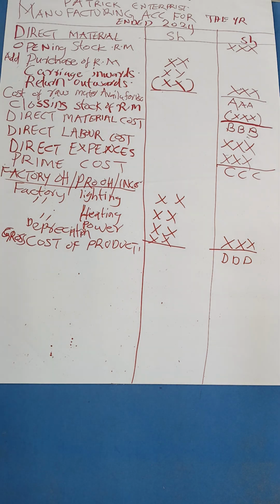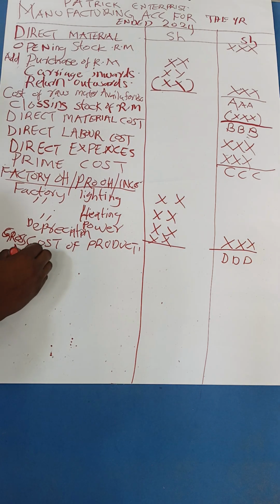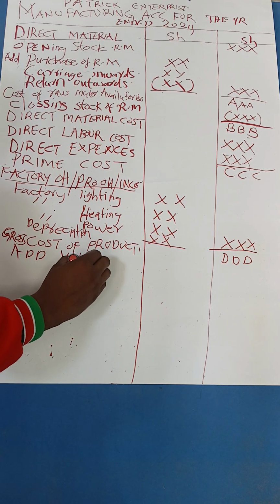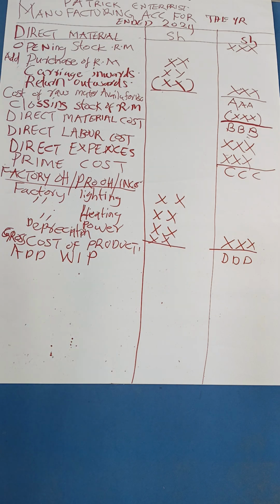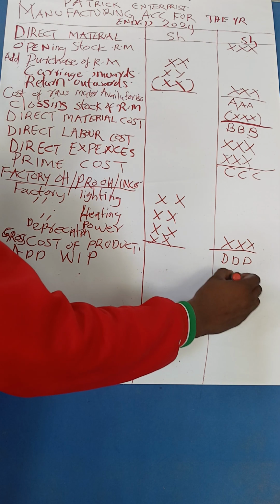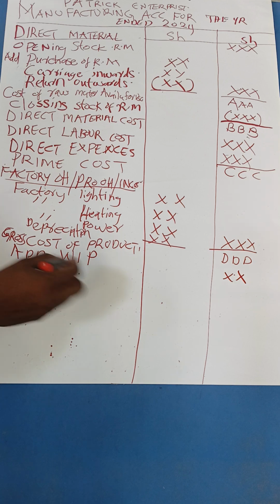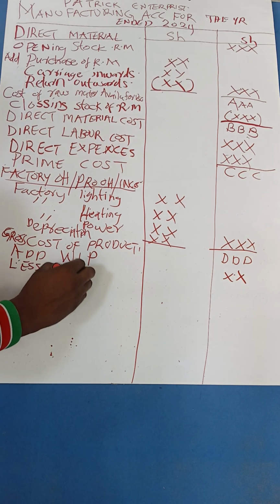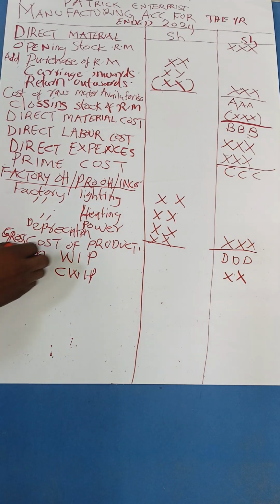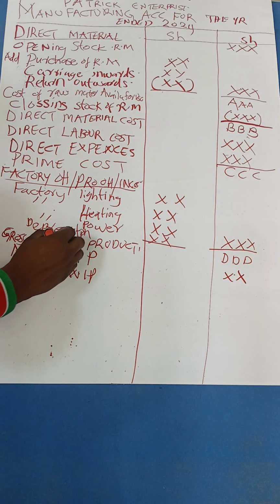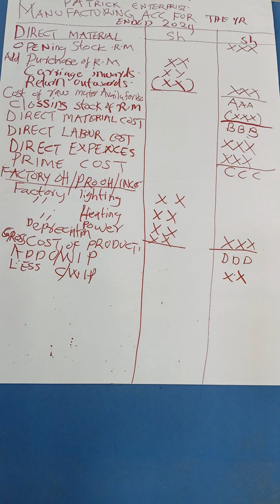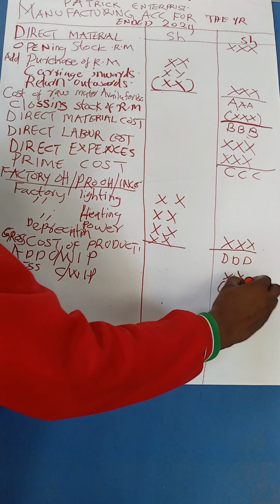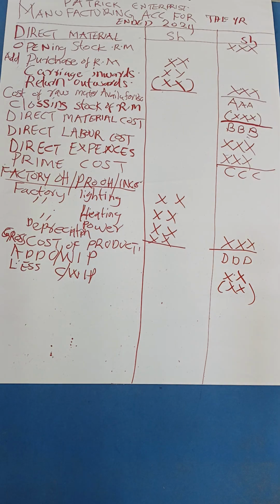So you add the opening work in progress directly, and then you less the closing work in progress from the gross cost of production.